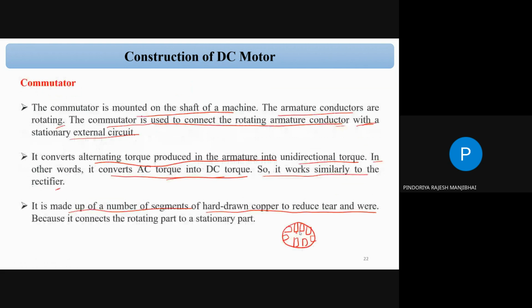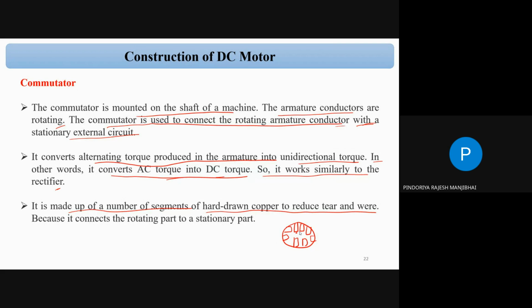But the commutator is the most important factor, correct? So I will give one question as an assignment. I will write the question and then send it to Sanjeev, correct? So you have to write the answer on the commutator, because the commutator is the most important factor in the DC machine. Otherwise, all the parameters are the same in the AC machine and the DC machine.